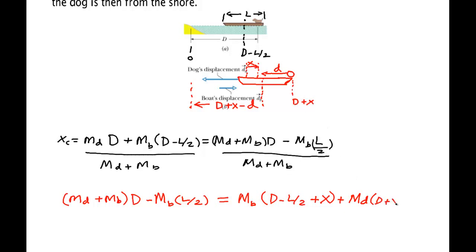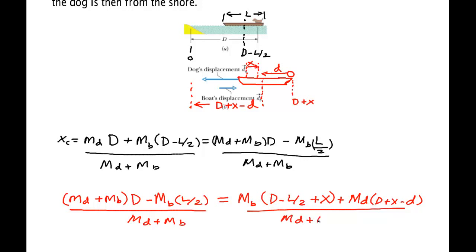Again, both of these are divided by mass of dog plus mass of boat, but since before and after have the same denominator, it cancels out. So that's x center of mass, before picture and after picture.